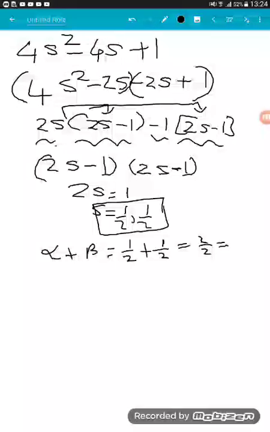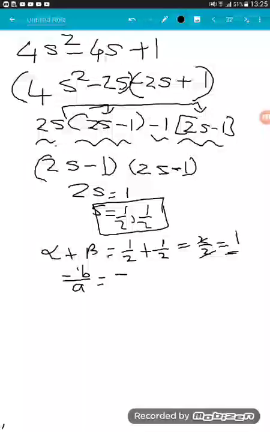So we will solve, it will be 1. And alpha plus beta, we can also call it minus b by a.